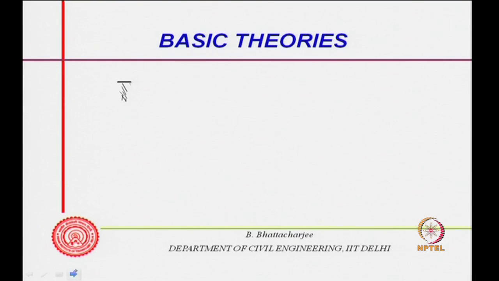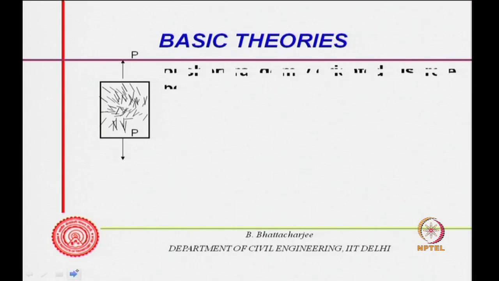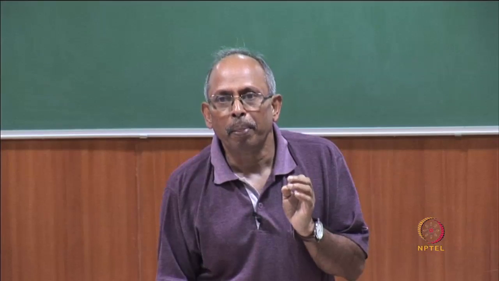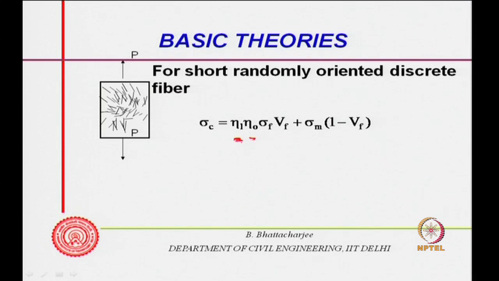But then when it comes to random fiber, what do you do? You add some factors, because all the fibers will not be effective, they are not aligned. So, there will be an orientation factor, and the length of all the fibers will not be full length, so there is an equivalent length efficiency factor.